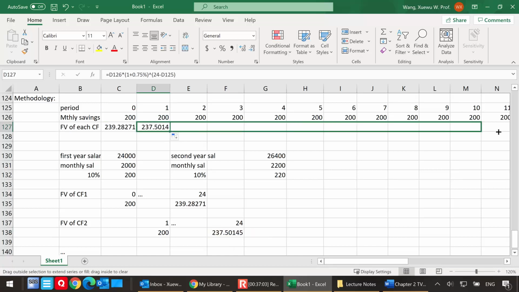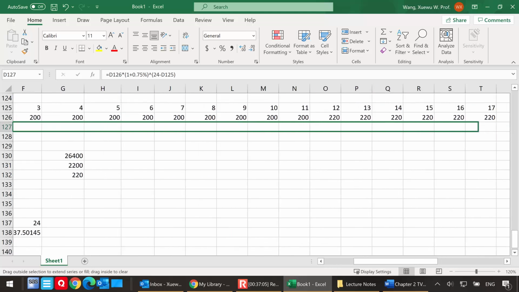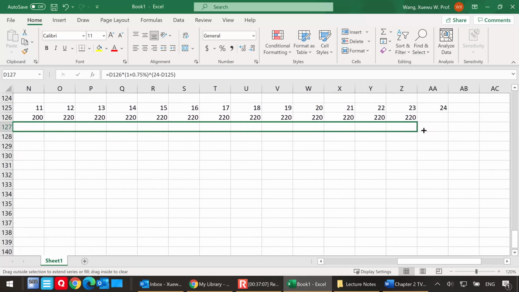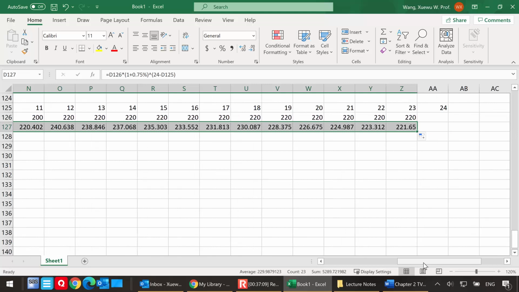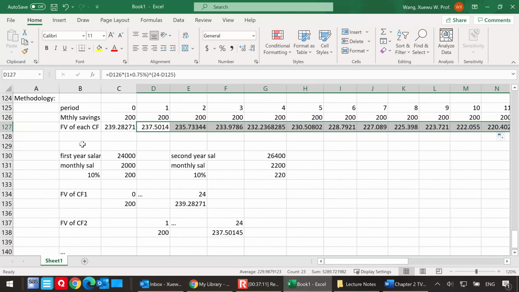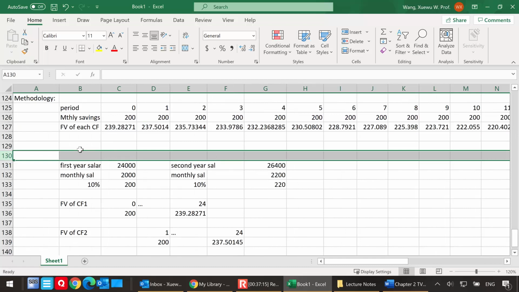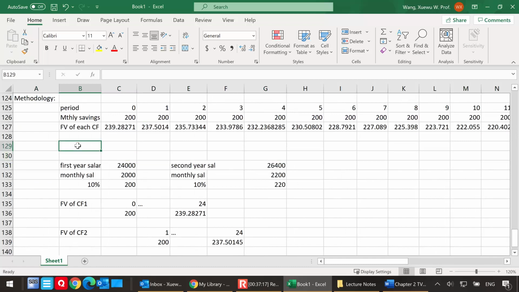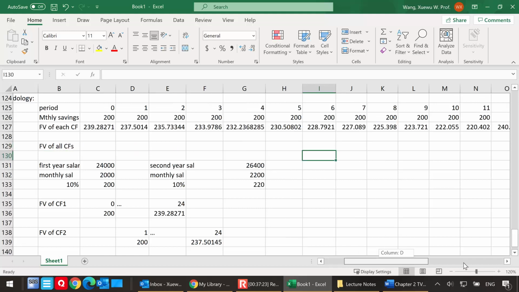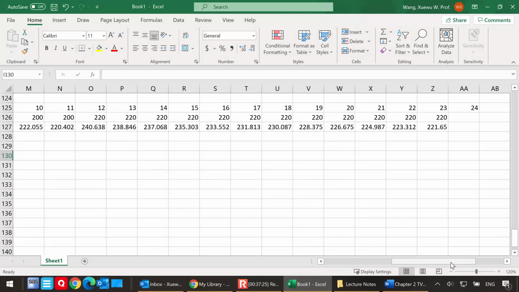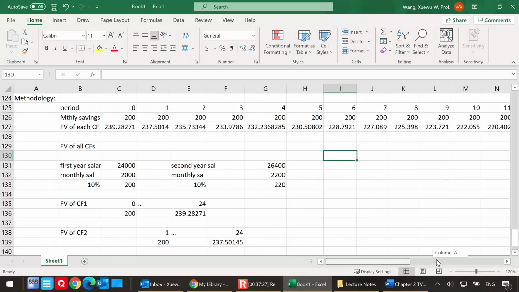So now I can actually become a little greedy and I can copy this across. Okay, so future value of each cash flow here, and maybe I should actually insert one more row here, and now I can actually say future value of all cash flows. So here I want to emphasize that this is actually, in this case, row 129.